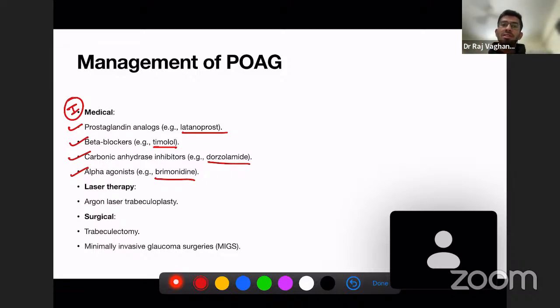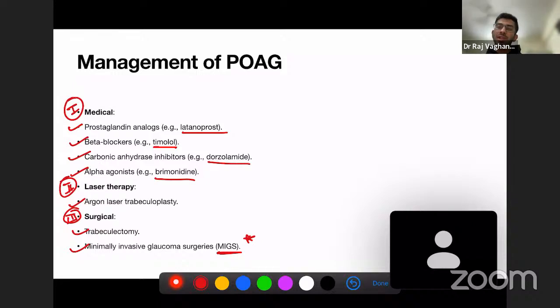And then you have laser therapy. In laser therapy, you have argon laser trabeculoplasty. And in the surgical, you have trabeculectomy. If there is trabecular meshwork resistance, then you can go for trabeculectomy, or you can have minimally invasive glaucoma surgeries, MIGS.